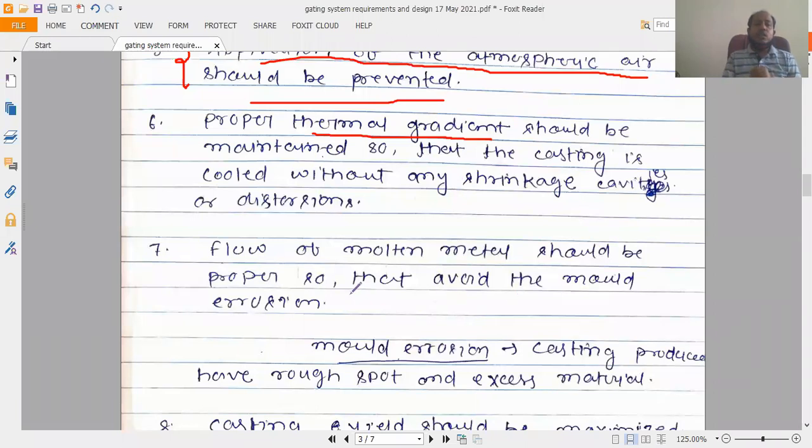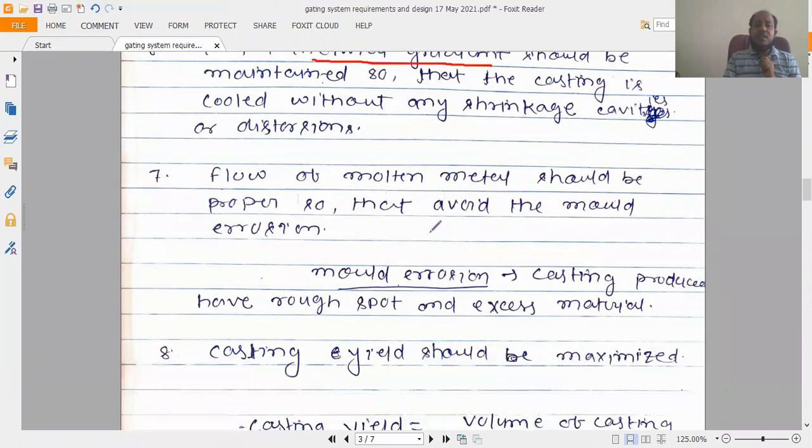So next, the flow of the molten metal should be proper so that we avoid mold erosion. Mold erosion means if the casting is not smooth, then in some part where the molten metal is not filled properly, a casting defect occurs where the molten metal is not present, if proper solidification is not obtained.